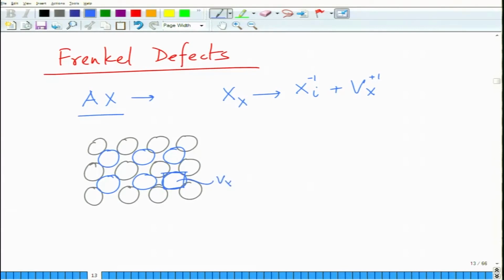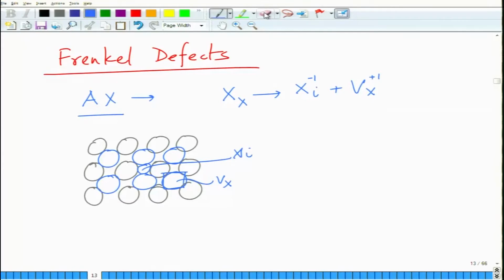This is Vx, it has gone somewhere here, let us say this is your Xi. So this is your interstitial, this is your vacancy. So these are called Frenkel defects, and there is another category called anti-Frenkel defects, where the same happens with the cations. So what you can have is cation interstitial, cation vacancy, anion interstitial, anion vacancy. So a variety of defects are possible.